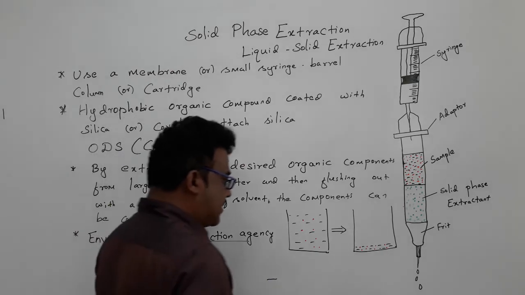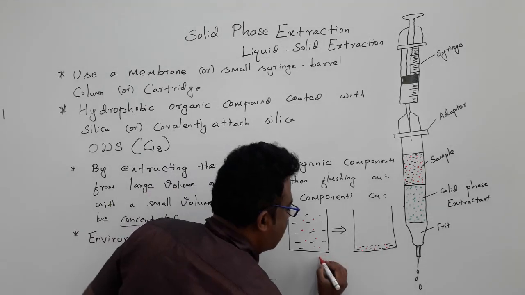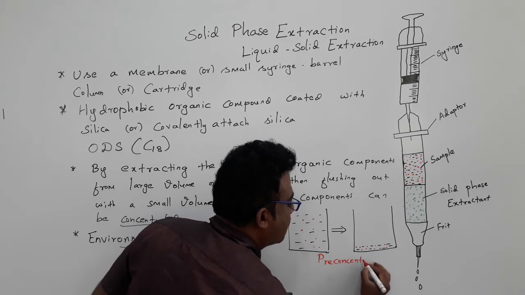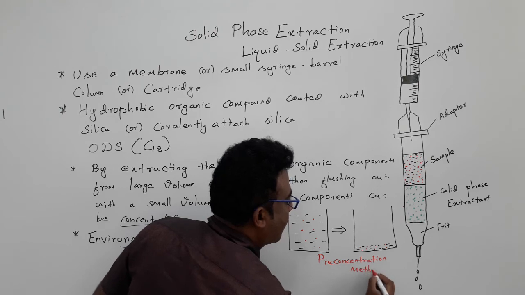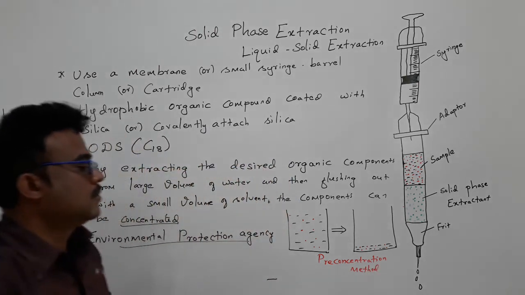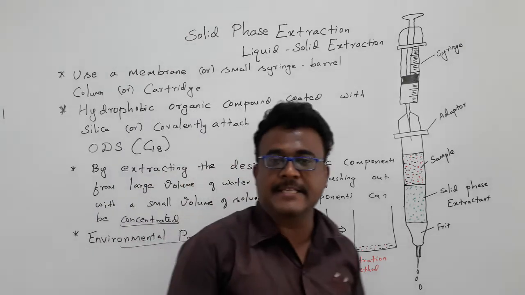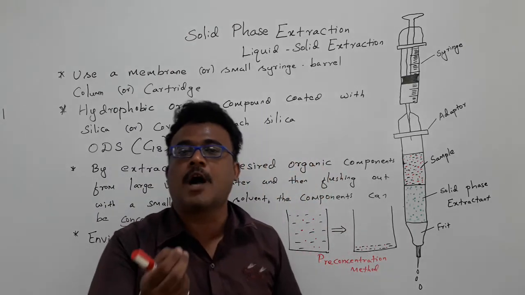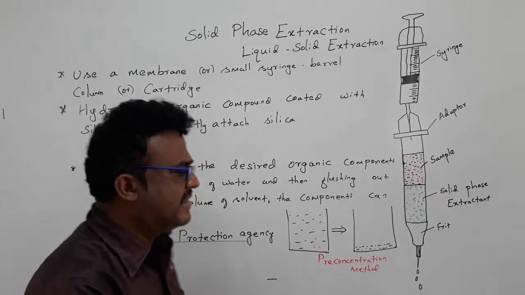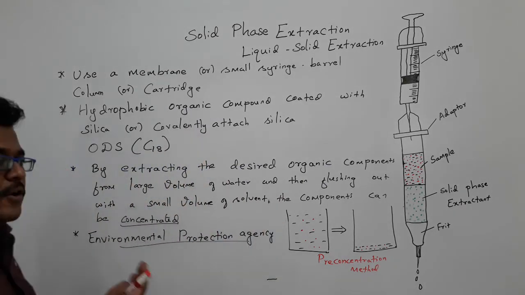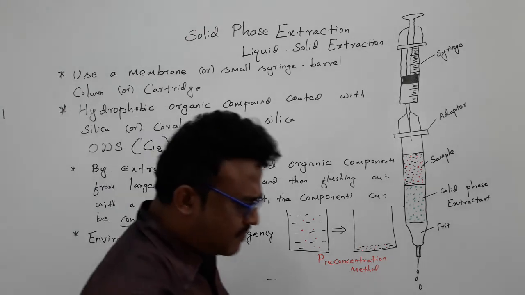This method is called the pre-concentration method. By making use of it, we can analyze how much organic constituents are present in the drinking water. So this method is normally used in the Environmental Protection Agency.